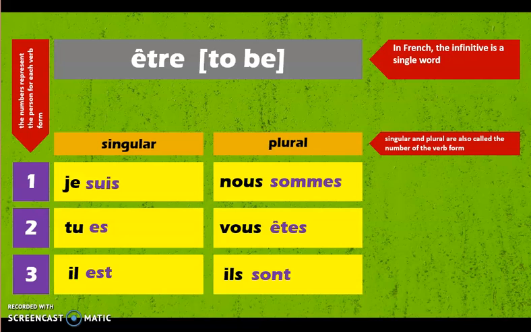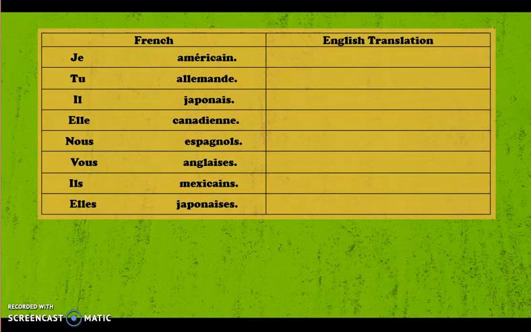All right. I have a little activity I want us to do to help us practice these forms in actual sentences. In that blank space, we're going to put the correct form of être in French, and then we'll translate it in English. After je, I always use suis, je suis, and this would translate as I am American.